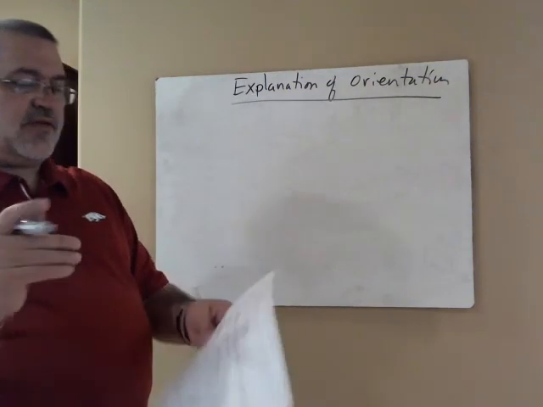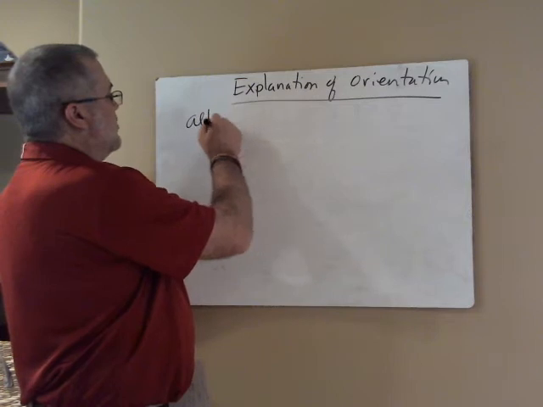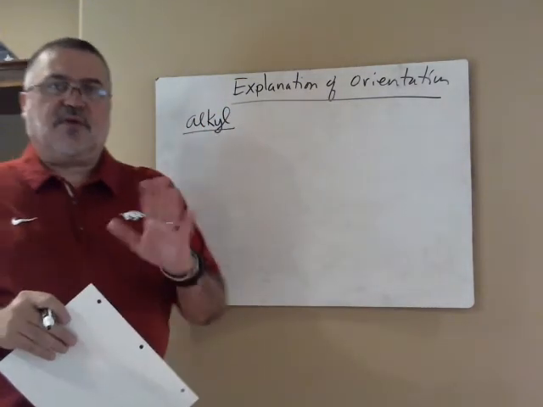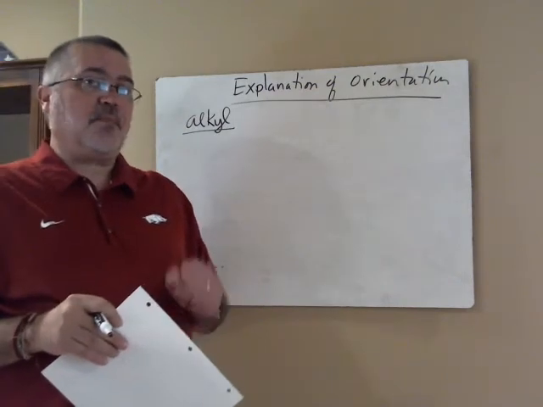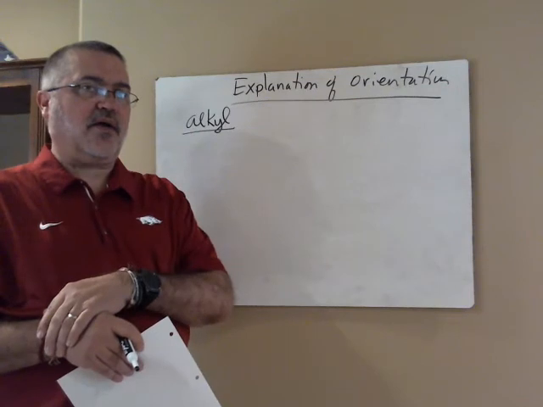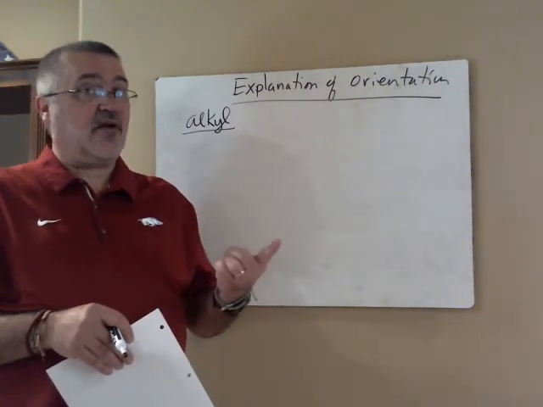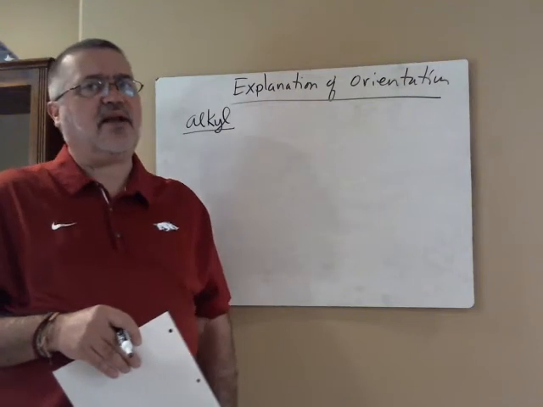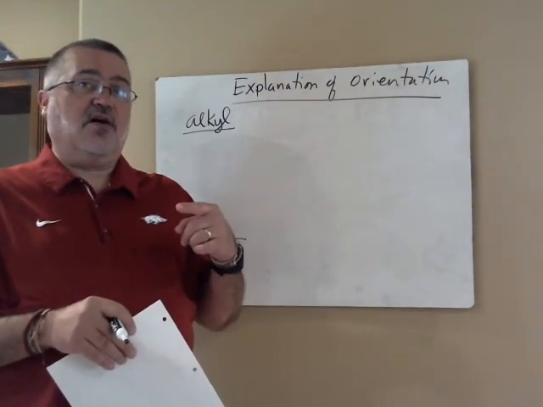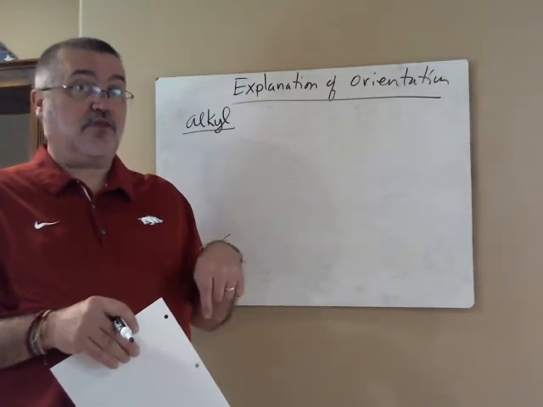Okay, so the first thing we're going to look at with orientation, the explanation is a little bit different for different substituents. So I'm going to start with the easy one, and that is if you have an alkyl substituent on your benzene ring, which remember we said was an activating group, although kind of weakly activating, but it directed substitution of an electrophile either ortho or para to it.